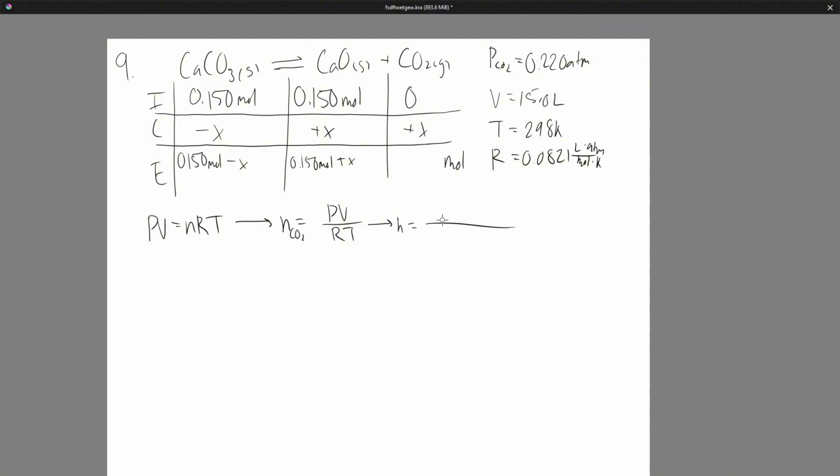So the pressure, 0.220 atmospheres, times volume, 15.0 liters, divided by R times temperature, so 0.0821 liters times atmospheres over moles times Kelvin, times our temperature, 298 Kelvin. Solving for that, we should get 0.134 moles of CO2. So that's going to be our x.